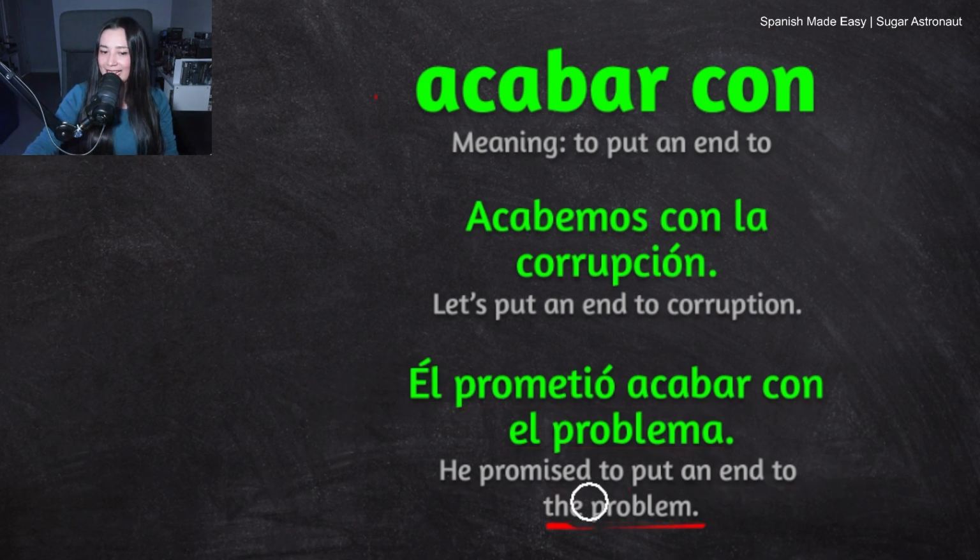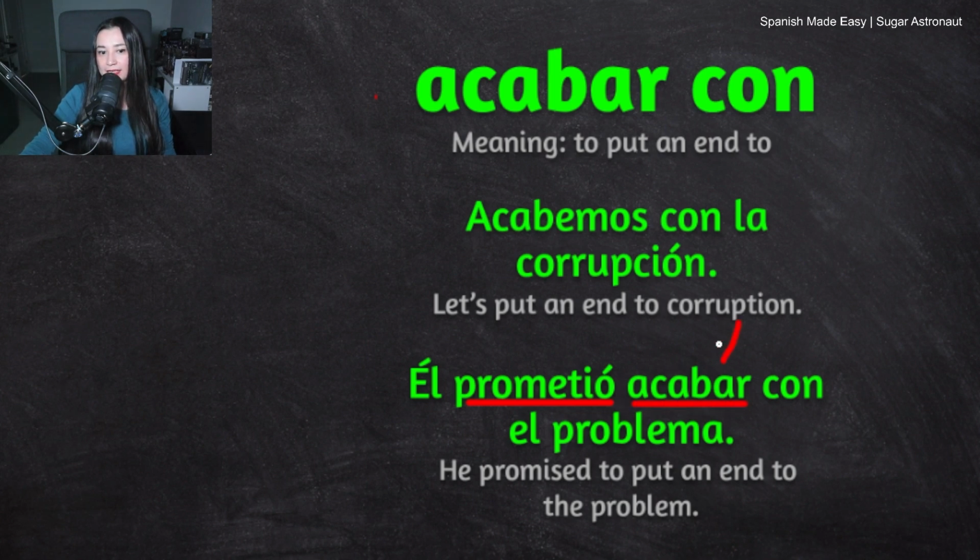Because a lot of people think, oh, every single Spanish noun that ends in A is feminine. And sometimes it's not. And this is a clear example. El problema, the problem, or just problem. Okay, so interesting. When you have two verbs in a sentence, one right after another, you conjugate the first one and the second one you don't.